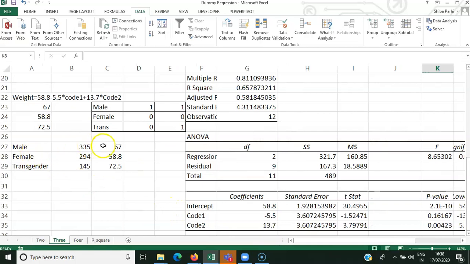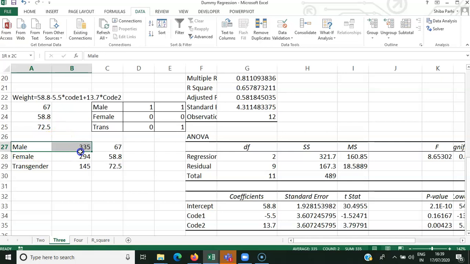Can you see the male here? If I see the equation, this is 58.8 intercept minus 5.5 into code 1, then 13.7 into code 2. So if I replace code 1, code 2 by the male 1 and 1, I'll get 67 as the male average weight. And for the female 0 0, replacing the female, I'm getting 58.8, and for the transgender, I'm getting 72.7.